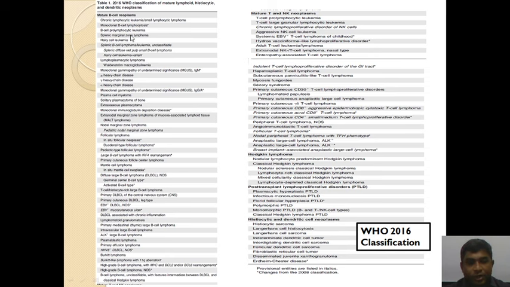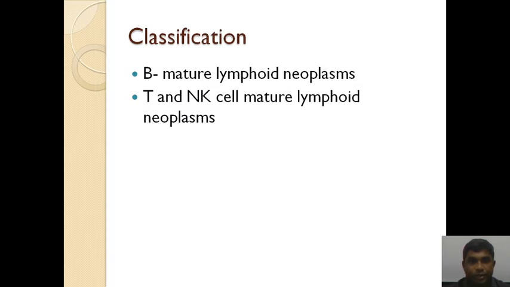So it is a very big exhaustive list, but in this class we will just look at the commoner subtypes and the features associated with the commoner subtypes of B and T lymphomas.